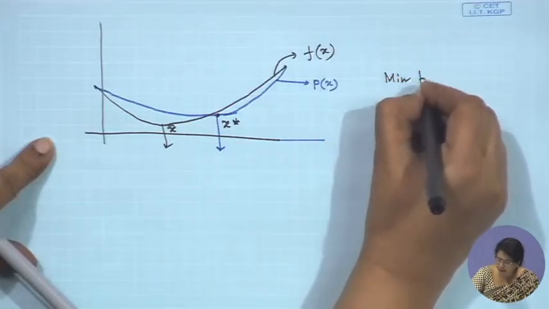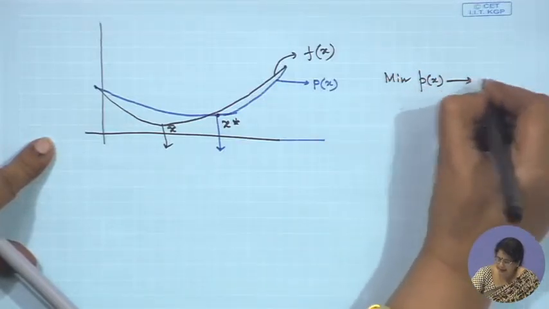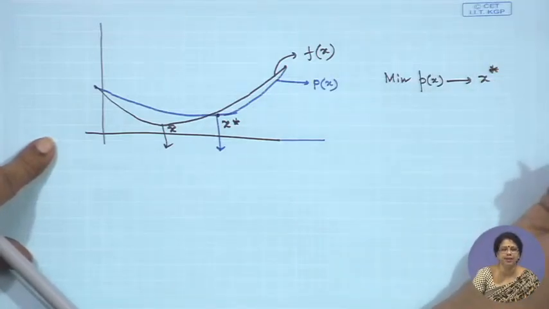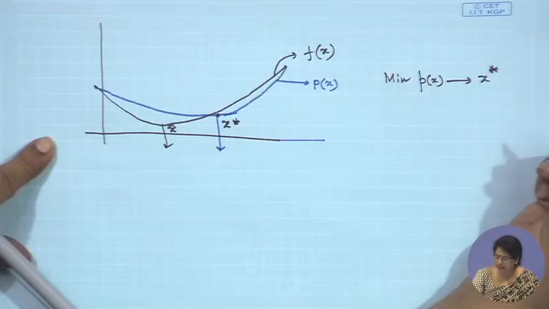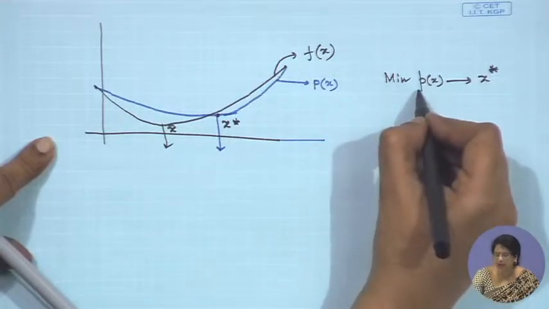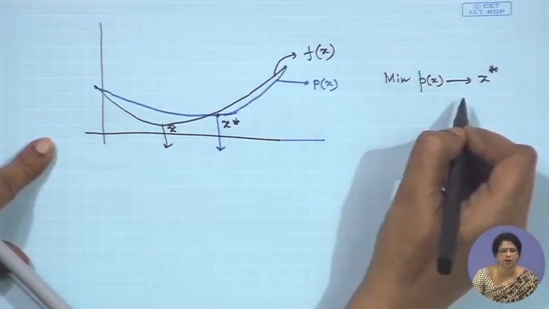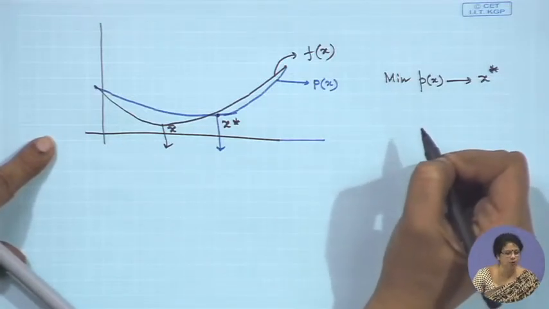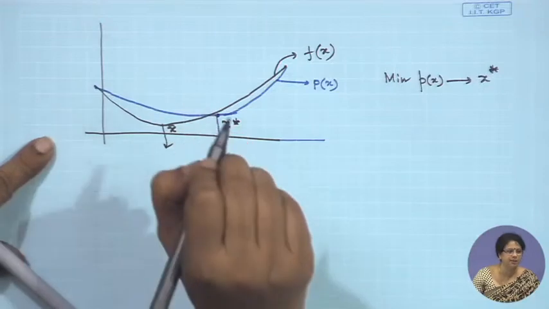If we say that the minimum of Px is there at x star, then what is the necessary and sufficient condition? The necessary condition would be that the first order derivative of p with respect to x must be 0 and the second order derivative of p with respect to x must be positive. That is why it has been written here.